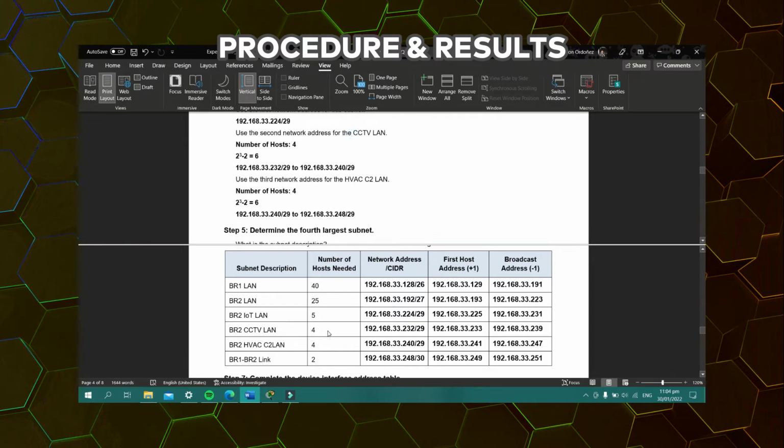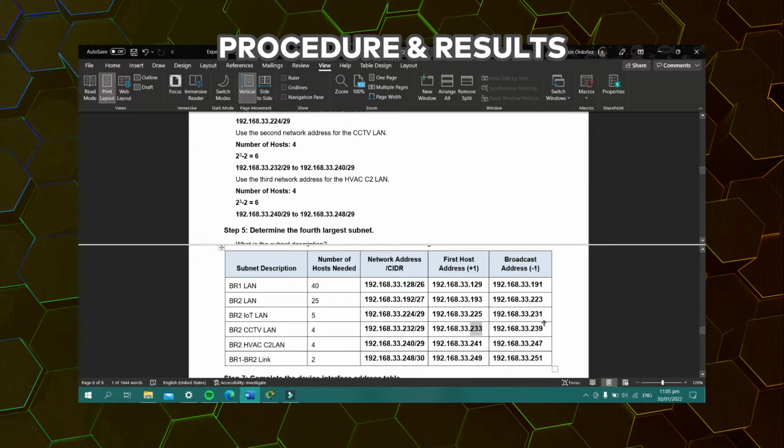Next, for the CCTV LAN, it requires 4 hosts. Number of host bits would be 3. So it's the same. The first network address would be here, and we would just add 1, so it becomes 0.233 from 0.232.